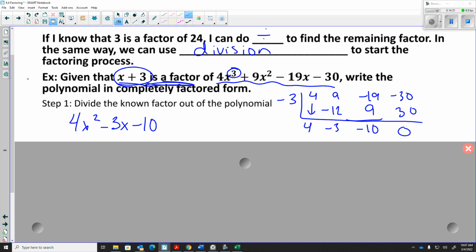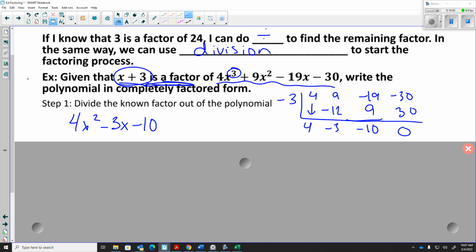Okay. So here's what we did. We took this big ugly thing. We divided it by this. And I got this. That means that if I did this times this, I would get back to the big ugly thing, right? Does this make sense?